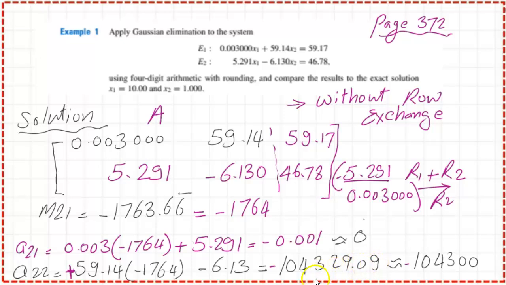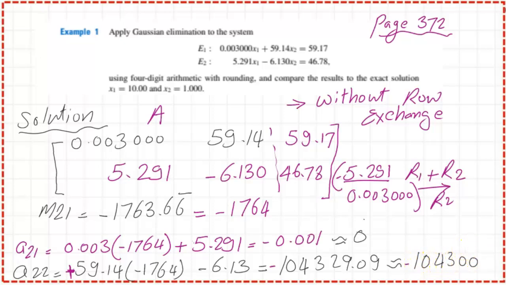Again, we are going to round to 4 digits. Because the 2 is at the right side of the 3, there is no increase in the value of 3, and the final value of A22 will be minus 1043 followed by 2 zeros, because we have 6 digits: 1, 2, 3, 4, 5, 6.